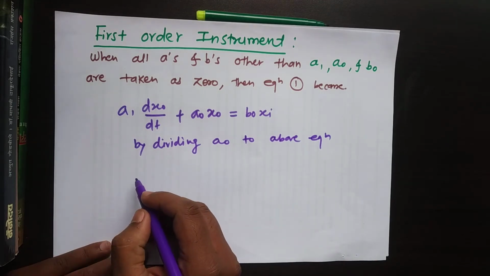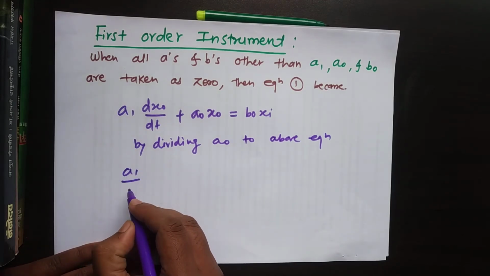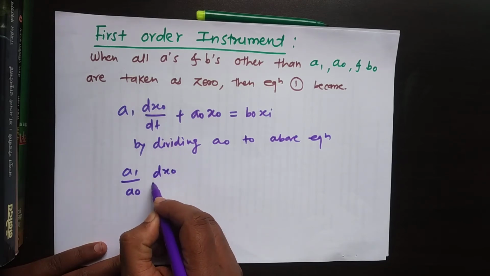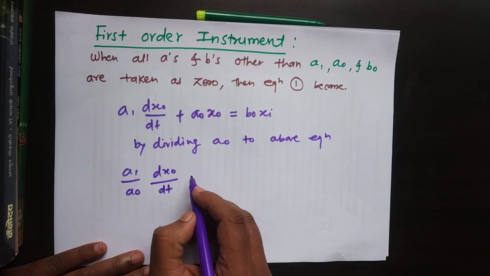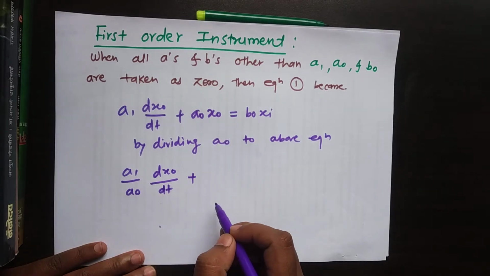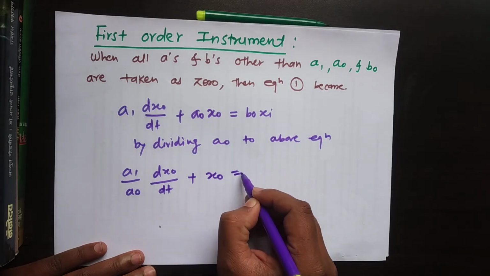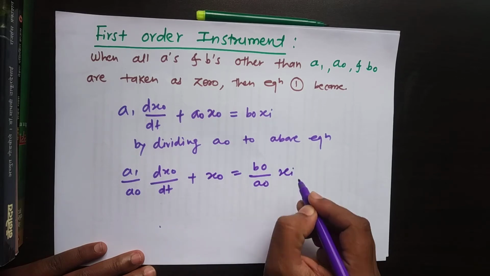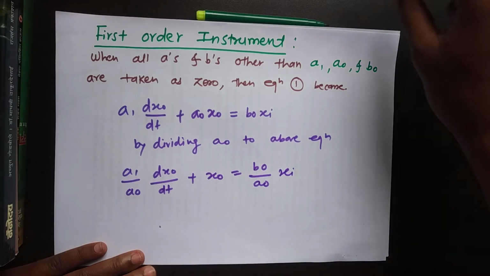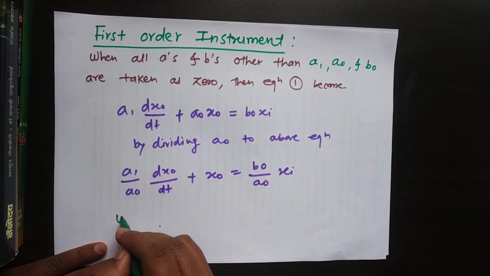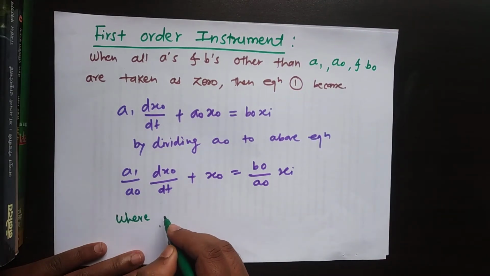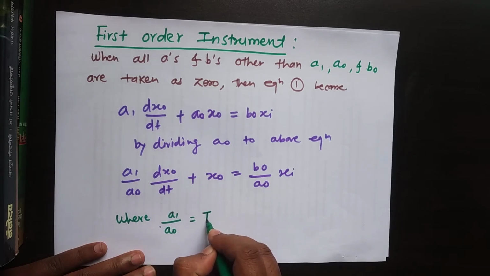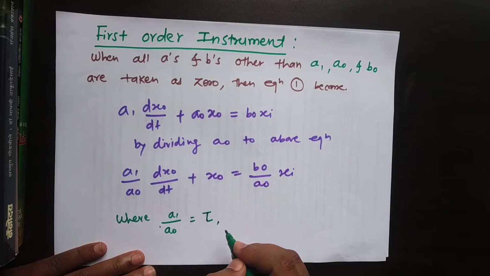we get a1 upon a0 dx0 upon dt plus x0 equal to b0 upon a0 xi, since a0 upon a0 becomes 1. Here a1 upon a0 is nothing but the time constant, which we call tau.